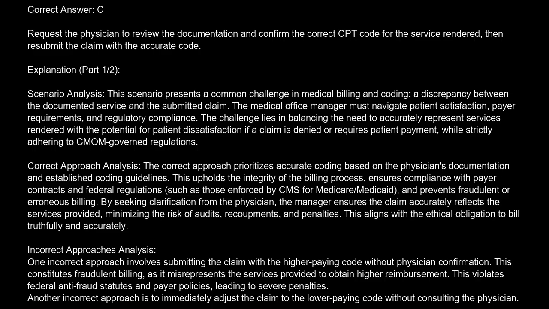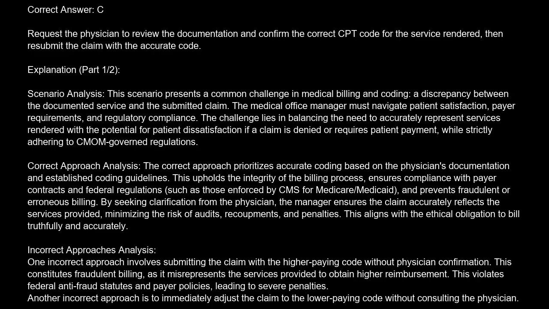The challenge lies in balancing the need to accurately represent services rendered with the potential for patient dissatisfaction if a claim is denied or requires patient payment, while strictly adhering to CMOM-governed regulations. Correct approach analysis. The correct approach prioritizes accurate coding based on the physician's documentation and established coding guidelines.